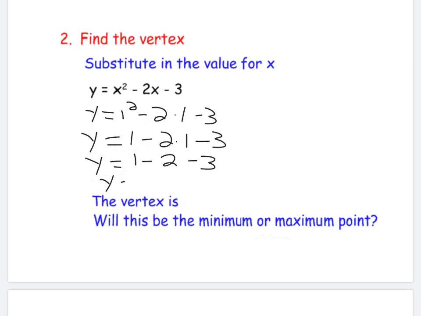The only thing left is subtraction, so I start from left to right. 1 minus 2 is negative 1. Negative 1 minus 3 is negative 4. So my vertex is 1, negative 4. That would be a minimum point because my parabola is going to open up, because the value of a is positive 1.